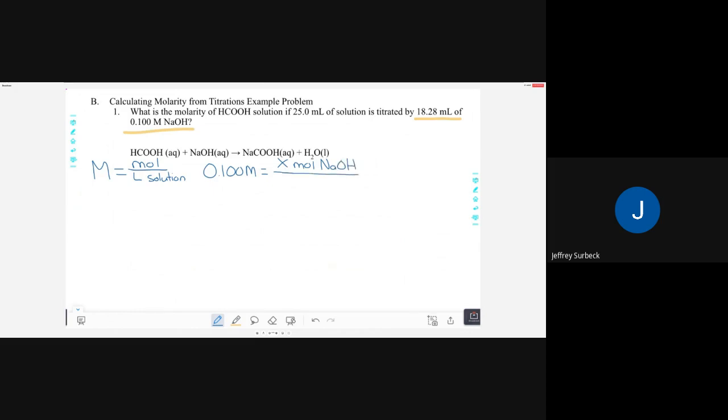Is 18.28 in liters? So you gotta multiply by 1,000. Divide by 1,000. You're on the right track. Divide by 1,000. And so if you take 18.28 divided by 1,000, you end up with 0.01828 liters.